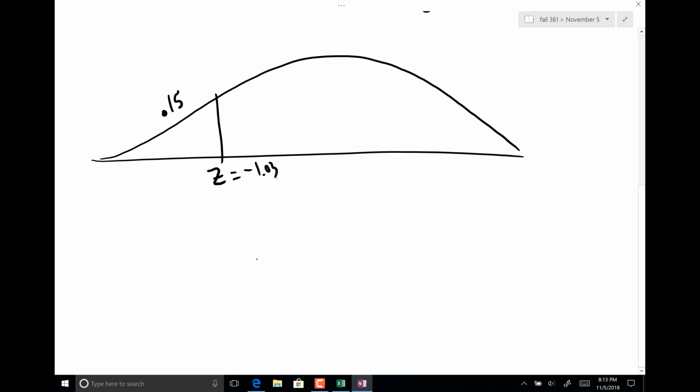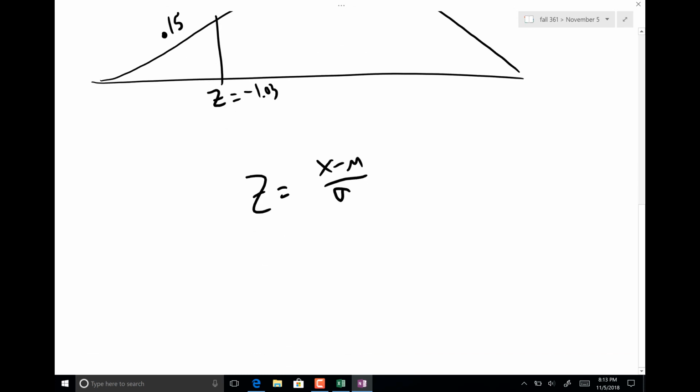What's that going to do for me? Well, I feel like z is equal to x minus mu over sigma, yes? Do I know all that stuff? Well, I know this. Do I know sigma? Yeah. Do I know mu? Yep. So can I solve it? I feel like I can.